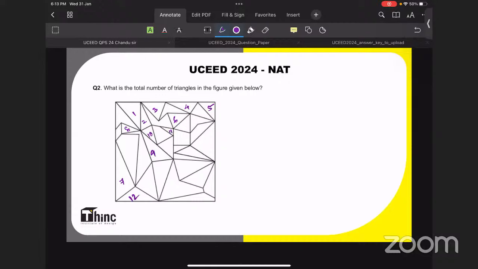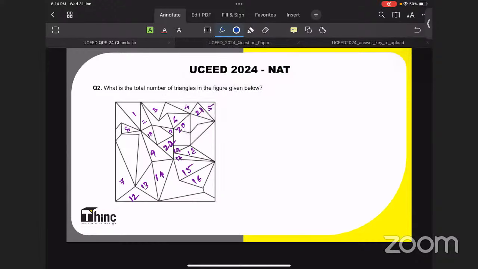Easy to find. 12, 13, 14. Everything is clear and loud. 15, 16, 17, 18, 19, 20, 21, and 22.